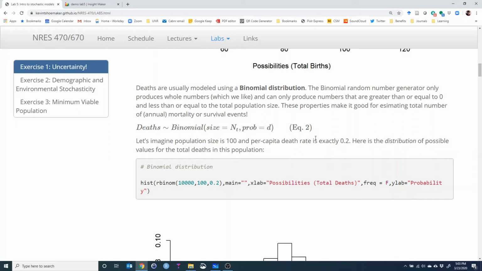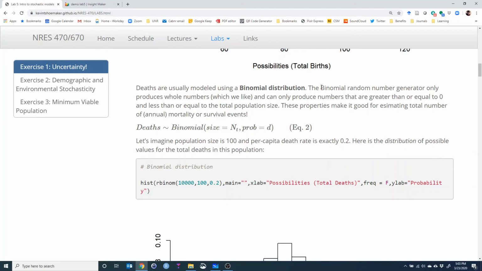And every time you see the term binomial distribution, you should think coin flipping. So it basically is a distribution that can be thought of as counting up the total number of heads out of a total number of coin flips.